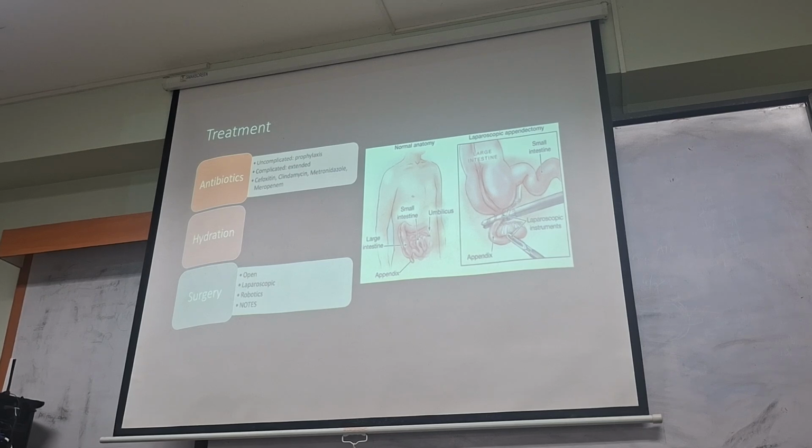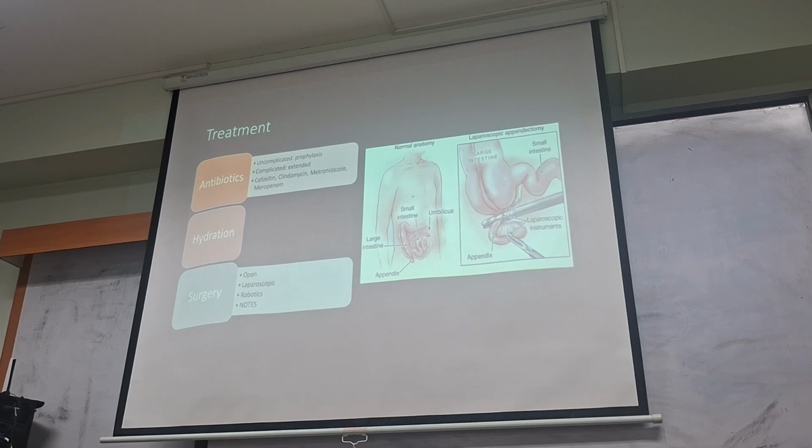Okay. So with source control, it means operating on the appendix. What we do is basically remove the appendix, but if there is peritonitis, spillage of maybe purulent or fecaloid material, we have to perform a lavage. A lavage is just irrigating and then suctioning what you put in.